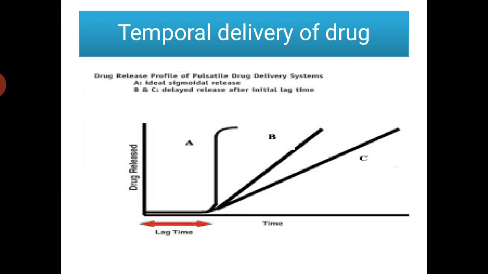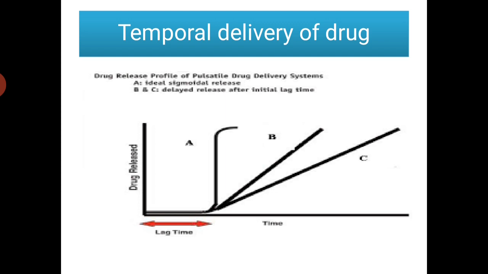The delivery system holds the drug molecule for the entire 2 hours without releasing even a single molecule of drug. Once it attains the desired time, the A dosage form has burst and it has released the entire drug molecule within a single second. Within no time, it has released the entire drug molecule.